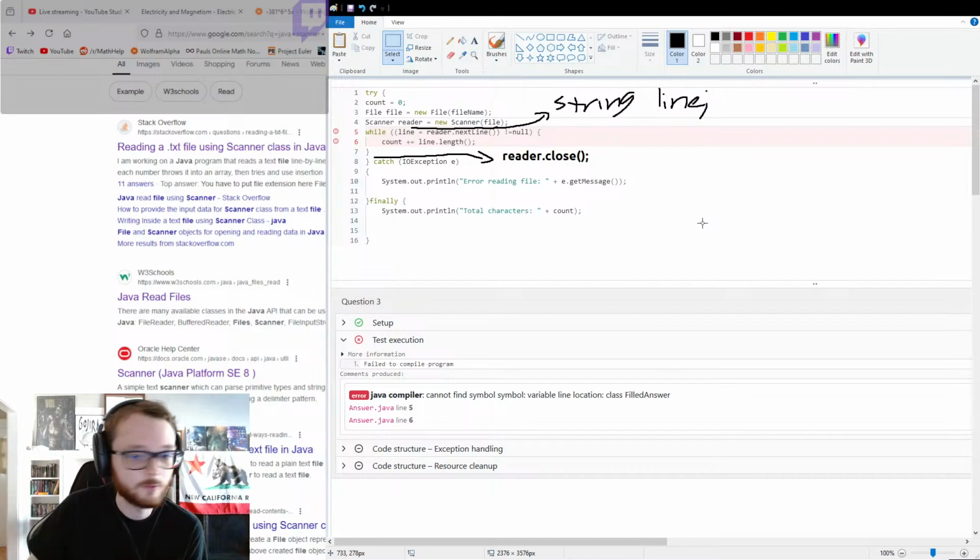Okay, it seems better to put it in the finally block, but that's how they want it.